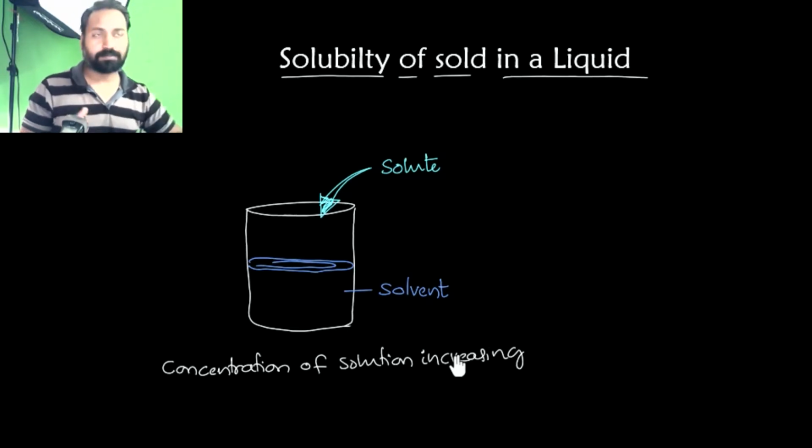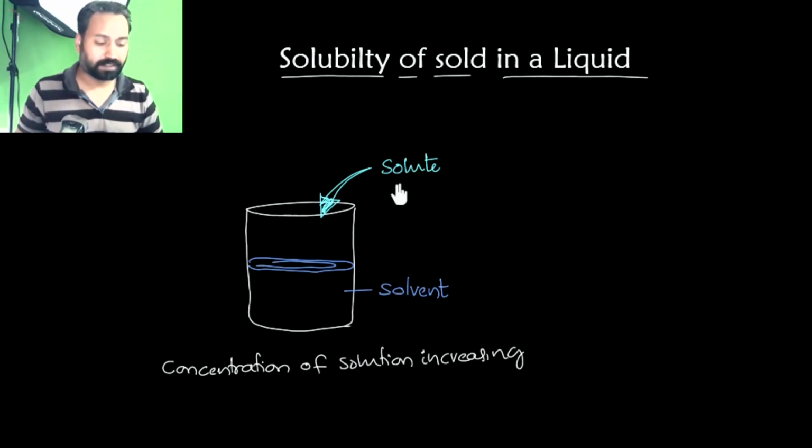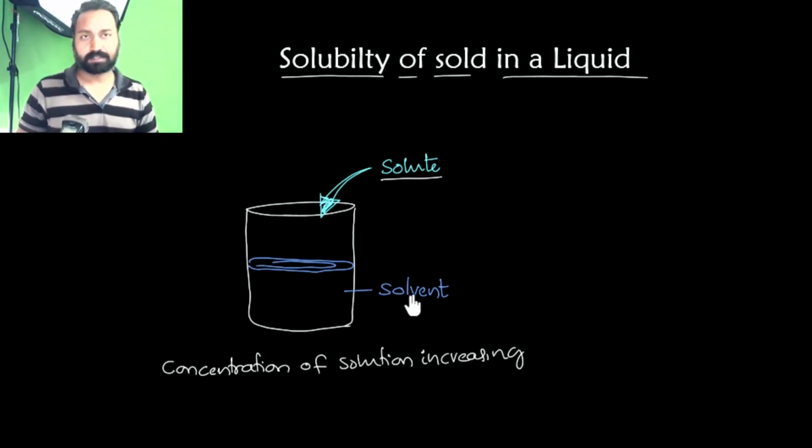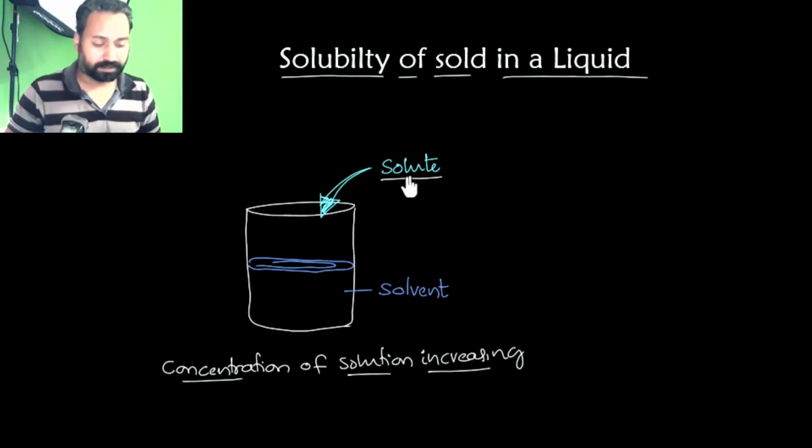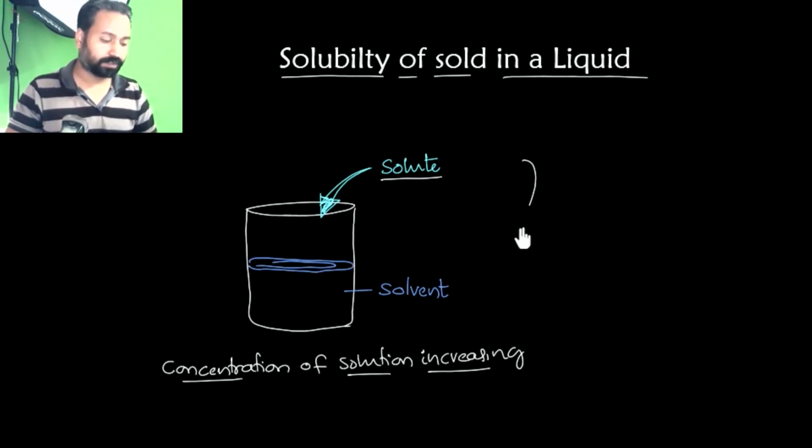If the concentration of the solution is not increasing, it is not called dissolution. What is the meaning of this? The solute is soluble in the given solvent. When it is soluble, only then does the concentration of the solution go on increasing, as the amount of solute dissolved becomes more and more as you go on adding solute particles to the solvent. This process is called dissolution.